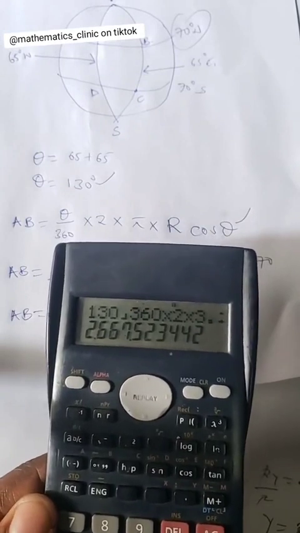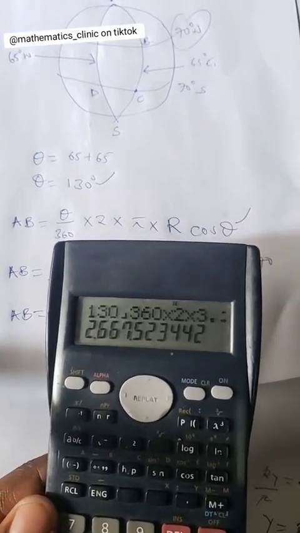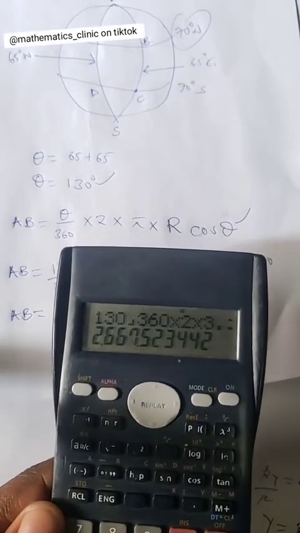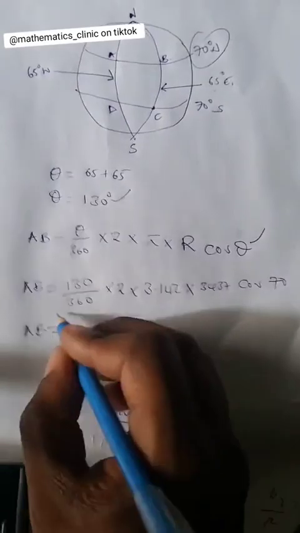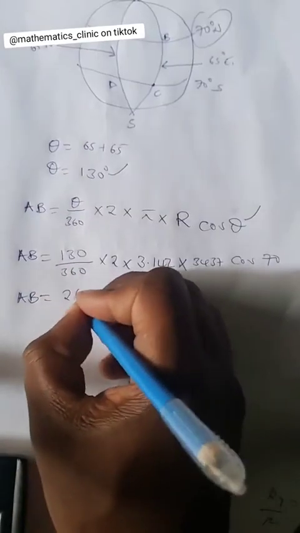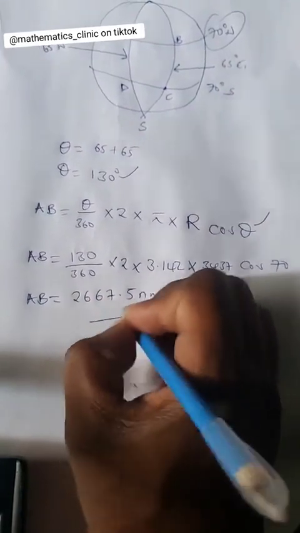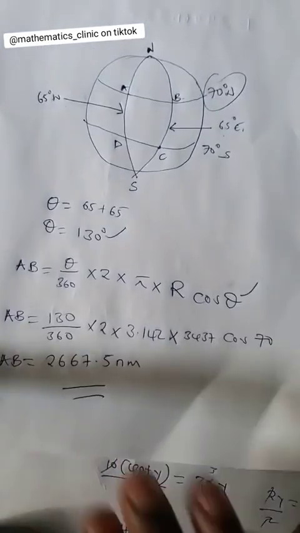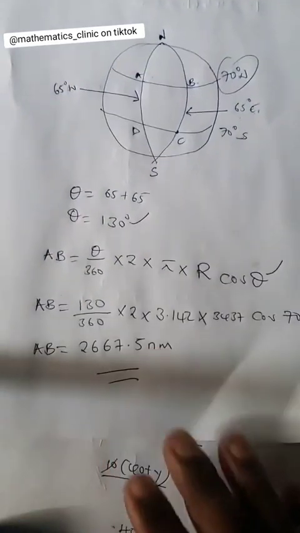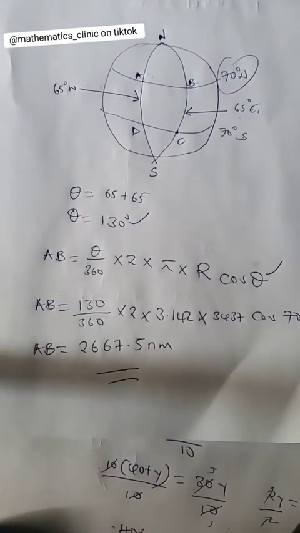Leaving our answer in 1 decimal place, it will be 2,667.5 nautical miles. This is how you answer such questions.